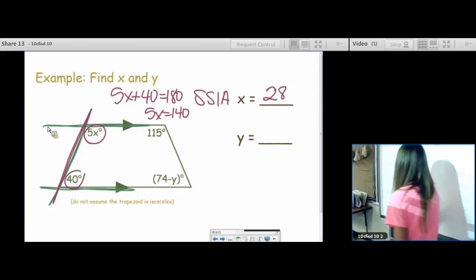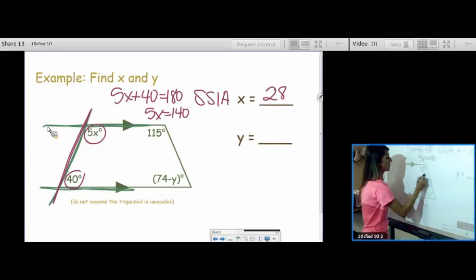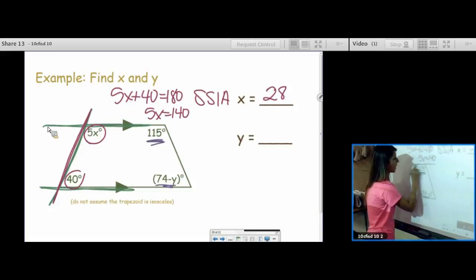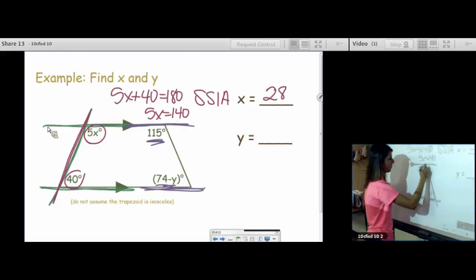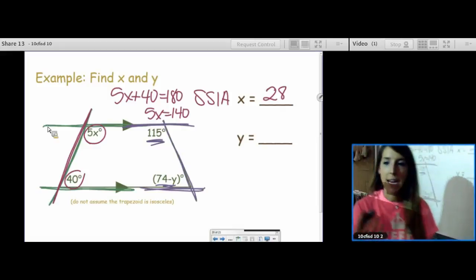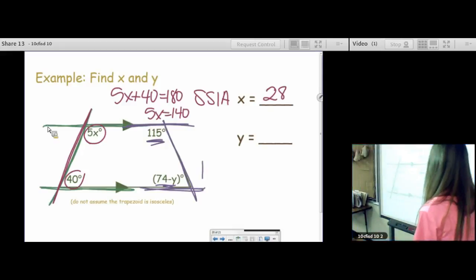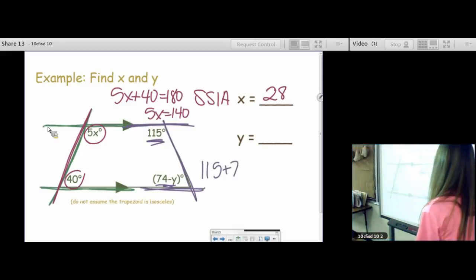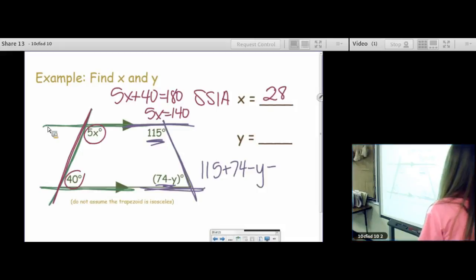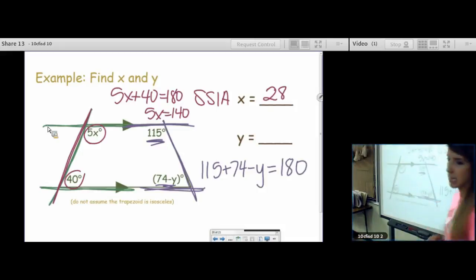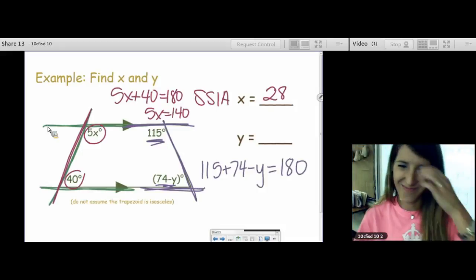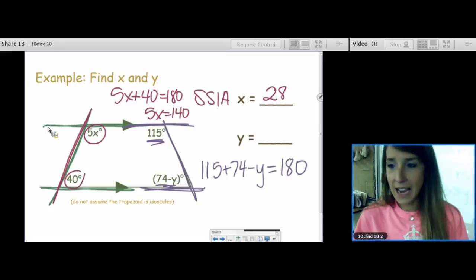Okay, now we're done with that side. Now we're going to focus on this side. Parallel lines, transversal. We are in the same situation. Same side interior angle. 115 plus 74 minus y equals 180. You might get a negative number.